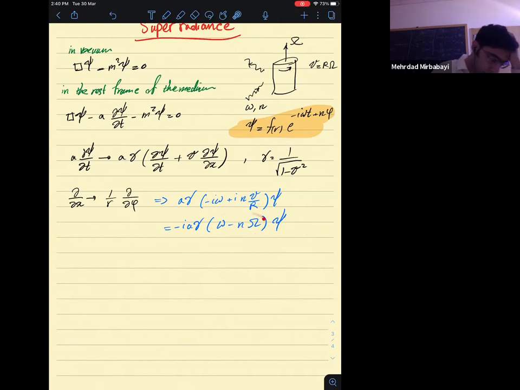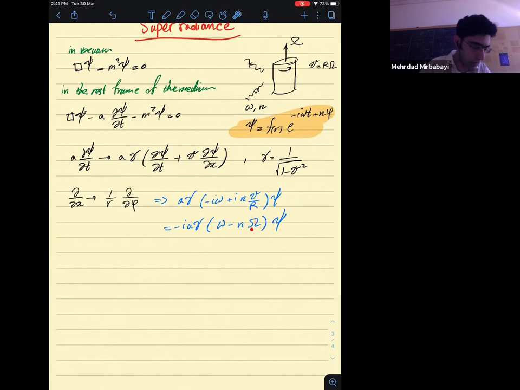So the whole idea is this term that appears here. The statement is that if you have some non-zero angular momentum of the wave, so n, remember, is the angular momentum quantum number in the z direction, you can imagine that this parenthesis flips sign.